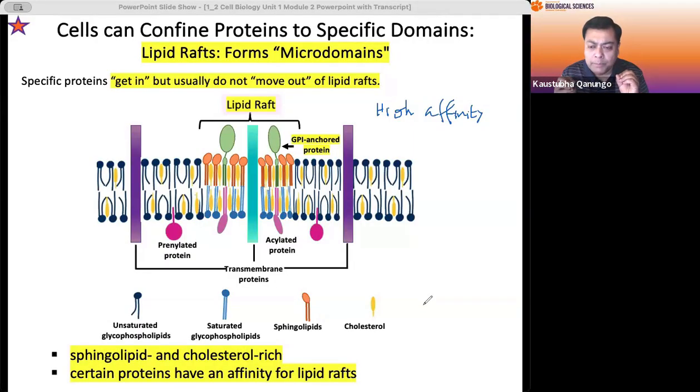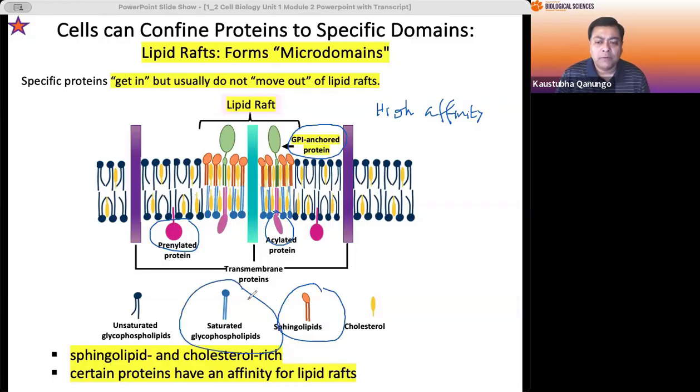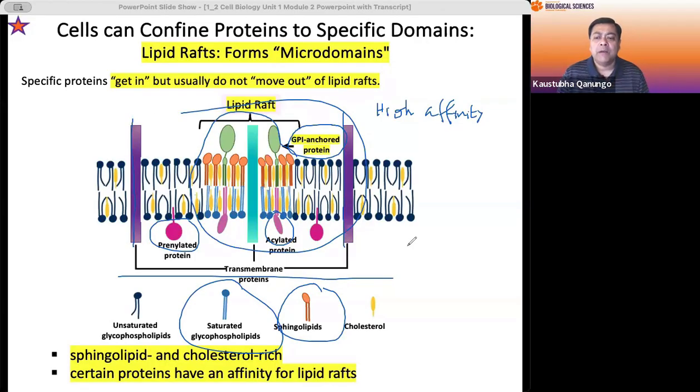When these membrane proteins are delivered onto the membrane, they will find these microdomains on the lipid anchors. And one of them, most important, GPI anchored, acylated and prenylated proteins, sphingolipids as well, saturated glycophospholipids. These are some of the proteins which you find in abundance in this area. So this is the domain of the transmembrane protein domains which confine the lipid raft area.